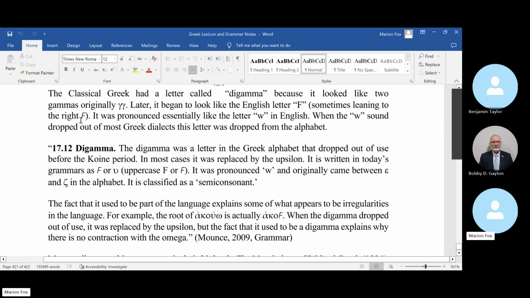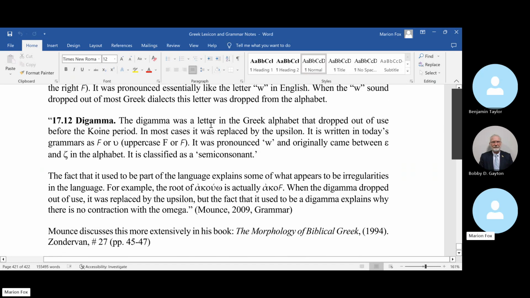Pretty much like an F. And it was pronounced essentially like the letter W in English. When the W sound dropped out of most Greek dialects, this letter was dropped from the alphabet. So it was a letter dropped out before the Koine period. It's replaced most of the time by an upsilon, but occasionally it's replaced by another letter or two, okay?